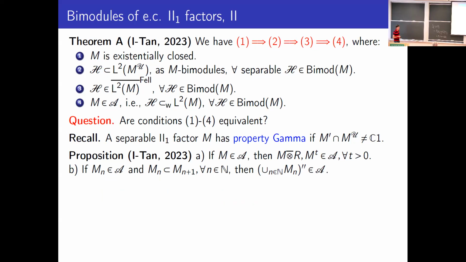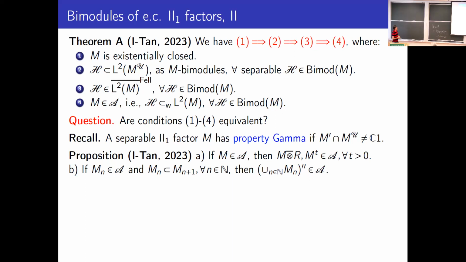The ultrapower contains everyone, which is kind of what 2 looks like. But that seems weaker than 2. Locally universal means that the ultrapower M^U just contains any separable II1 factor. I don't think that implies it.